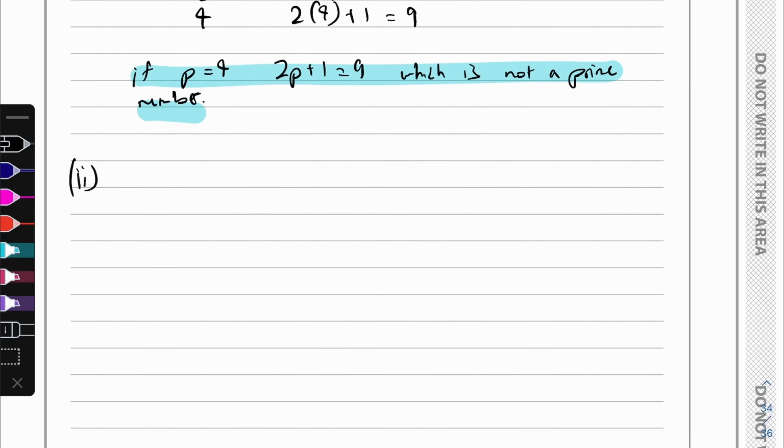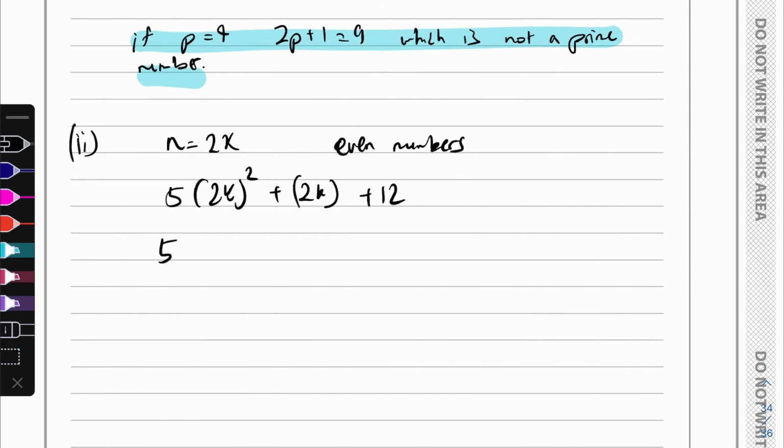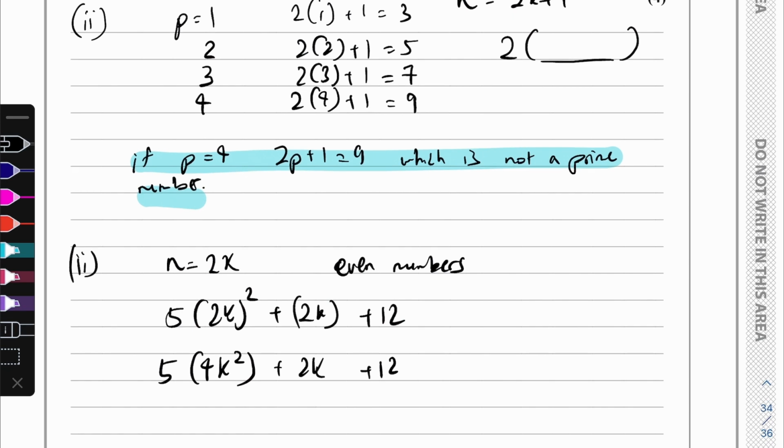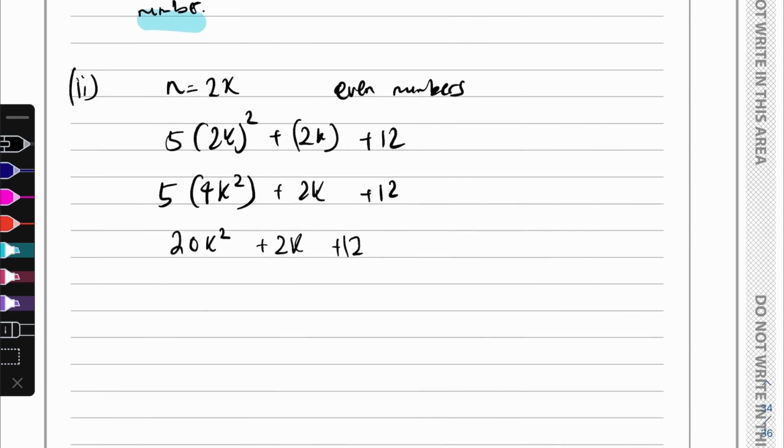So if n equals 2k, this is for even numbers. So we'll have 5 times 2k squared plus 2k plus 12. So 4k squared plus 2k plus 12, which is plus n, right? Yep. That's 20k squared plus 2k plus 12, and then we can take 2 out.